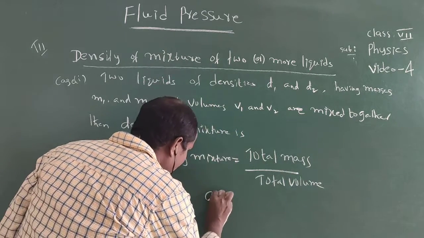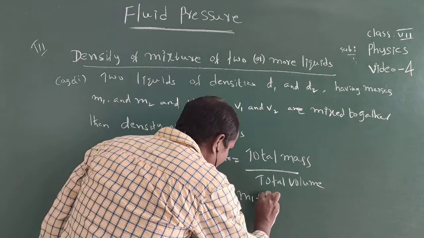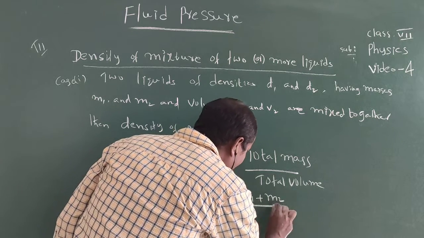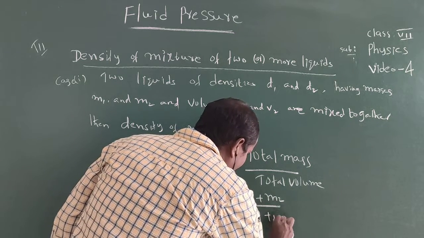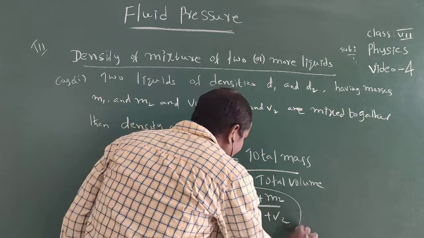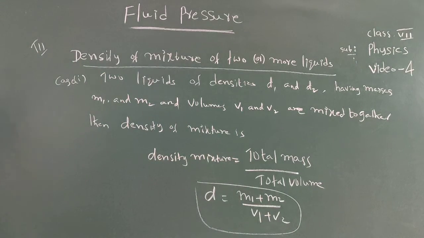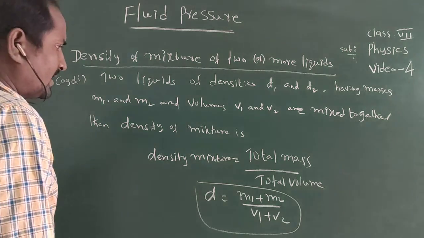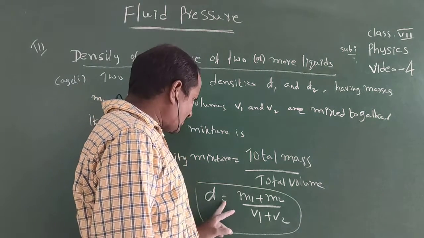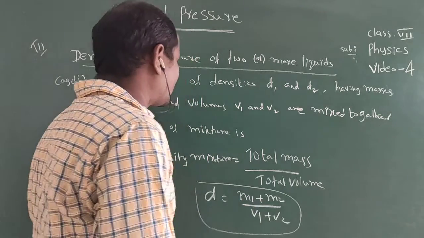So density of the mixture D equal to m1 plus m2 by v1 plus v2. It is the density of the mixture. Density of the mixture equal to total mass by total volume. Therefore, D equal to m1 plus m2 by v1 plus v2.